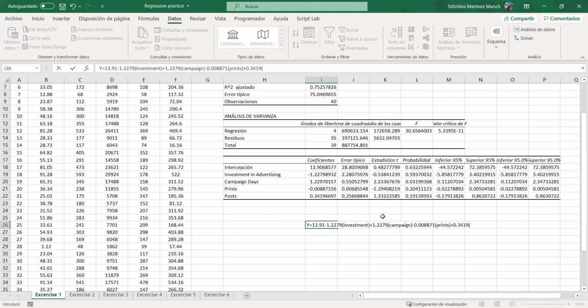You can decide how many decimals to use, or when you're doing it informally, you can equal it to what you see in the cells.